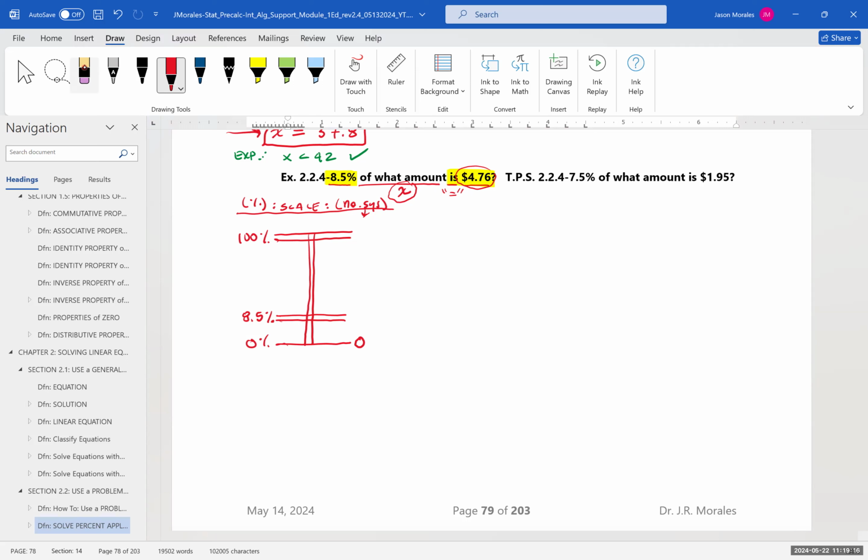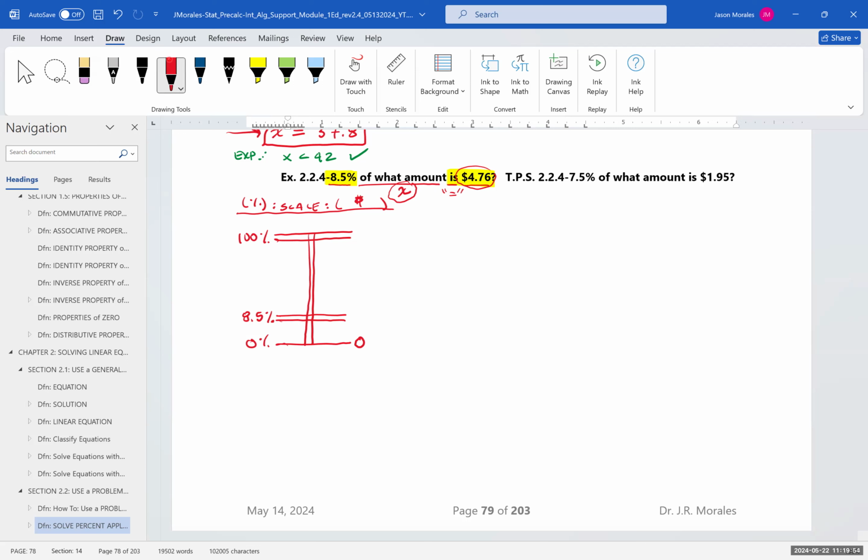My tablet is running a little slow. Erase. There we go. A little patient. Okay, so the number system that we're dealing with here is dollars.